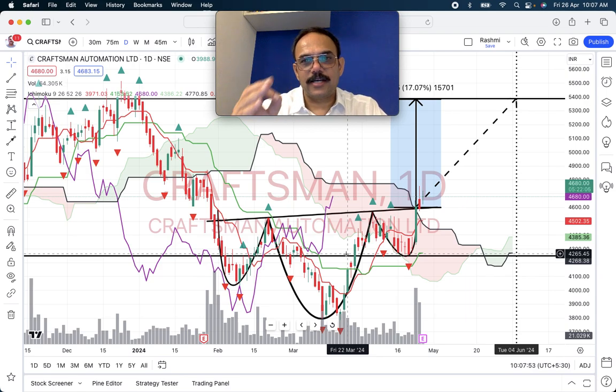So if you understand Ichimoku, which I cover in detail in my masterclass, those who understand Ichimoku will know how to trail the trade using Ichimoku lines. It's a very optimum indicator, it will give a very clear-cut trailing stop.